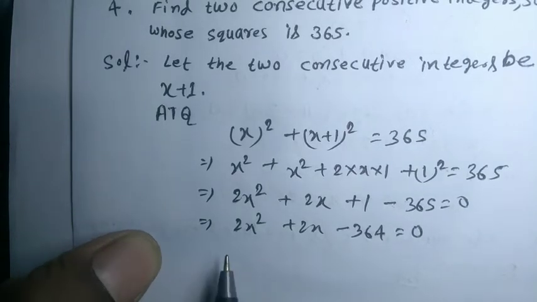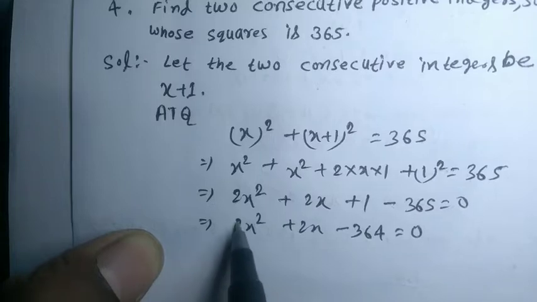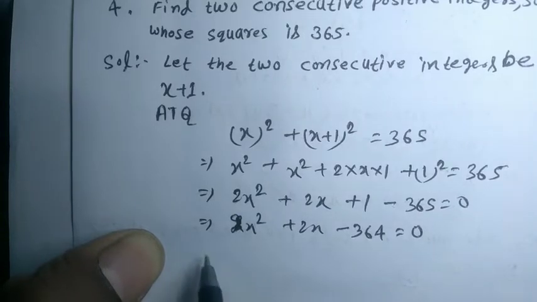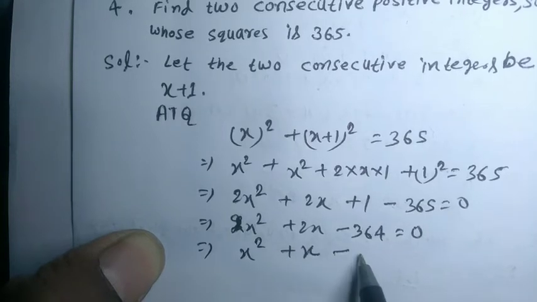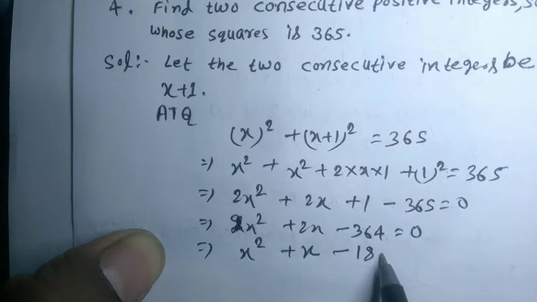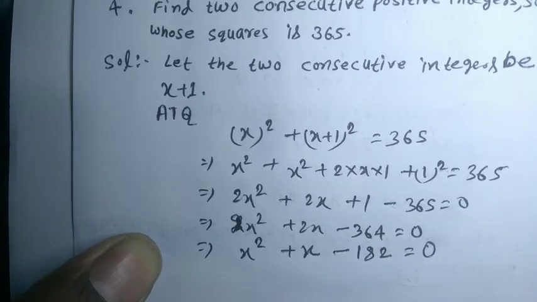Now we divide this equation by 2, then we get x square plus x minus 182 is equal to 0.